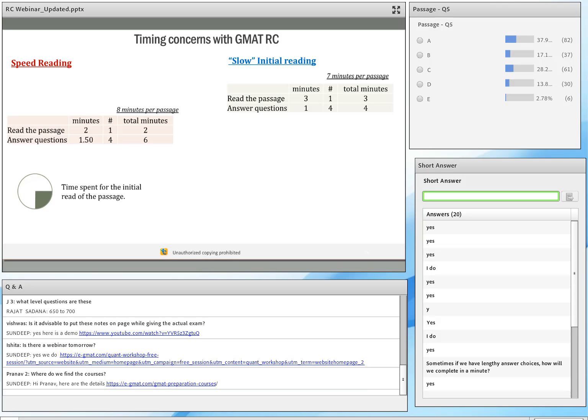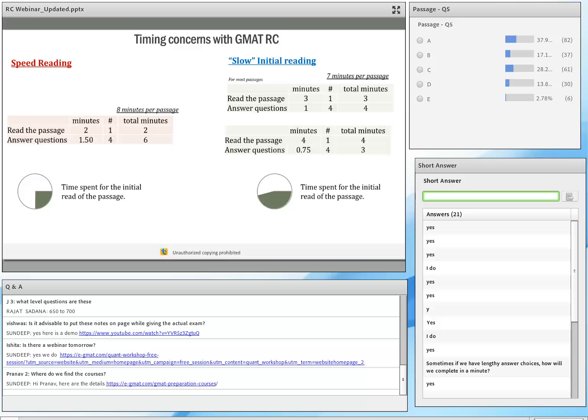That's what you will need if you read the passage properly. For difficult passages, you're going to spend 4 minutes. By the way, the beauty about difficult passages is that you're going to find that answering questions is a lot easier, especially if you comprehend this.